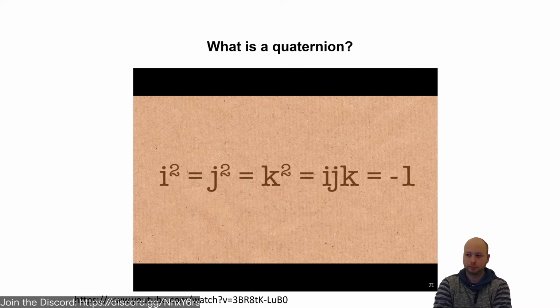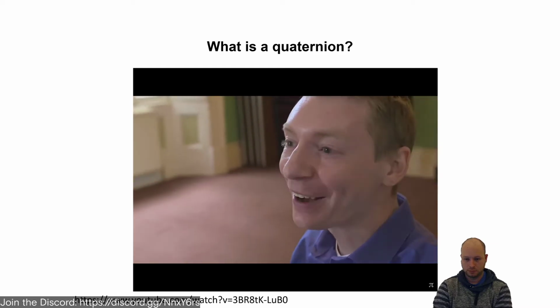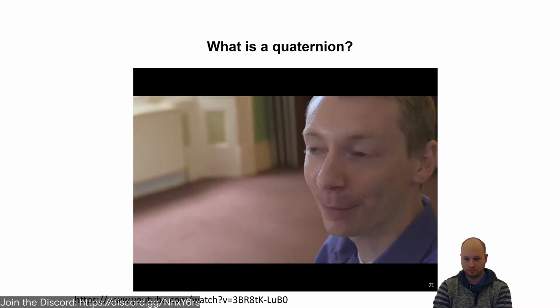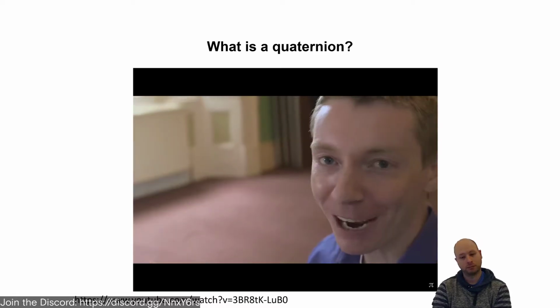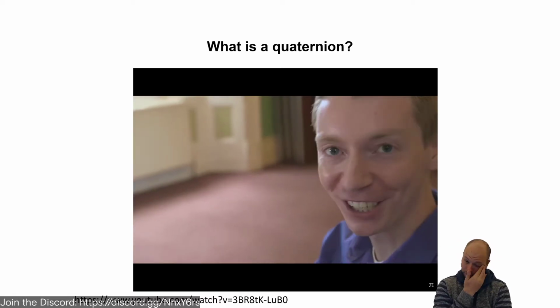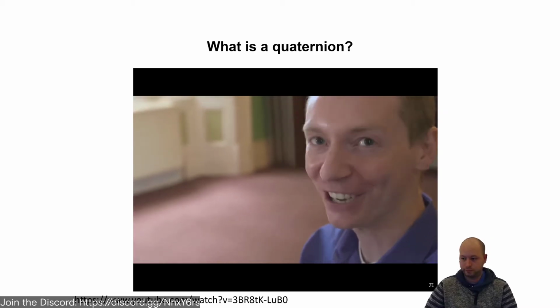He carved this into the canal bridge, which unfortunately, graffiti, what a vandal. Unfortunately, it's not there anymore, but now there is a plaque celebrating the rules, or his discovery of quaternions. The rules are there, and every year mathematicians around Dublin have a pilgrimage to the spot where he had this idea for quaternions for the first time.